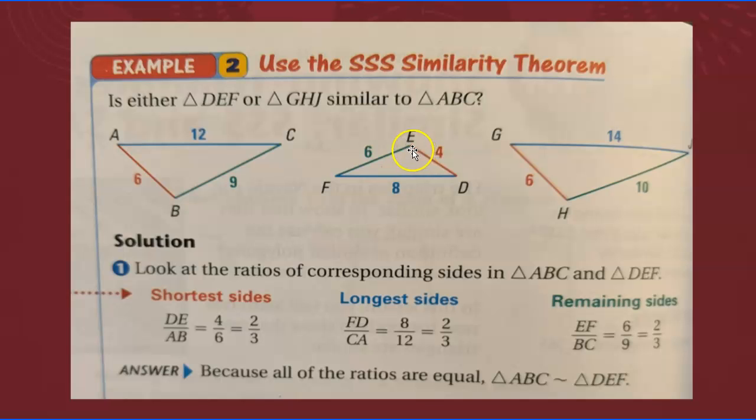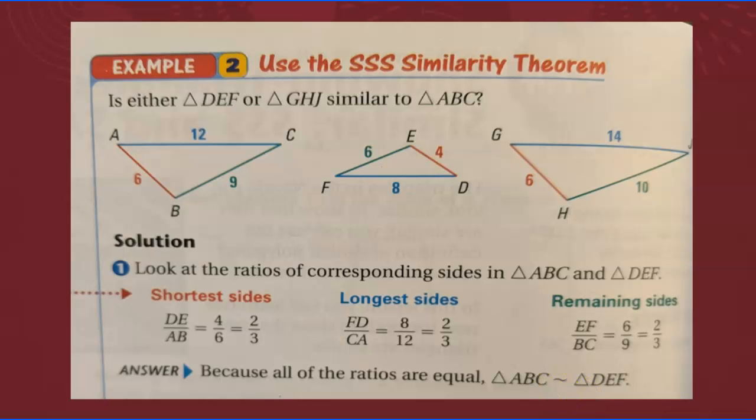And that's going to be EF over BC. So it's going to be 6 over 9. There's your 6, there's your 9. That too comes out to 2/3. So these two, ABC and EFD, or maybe I said that wrong, are proportional. So they're similar. We can put the little similar sign.